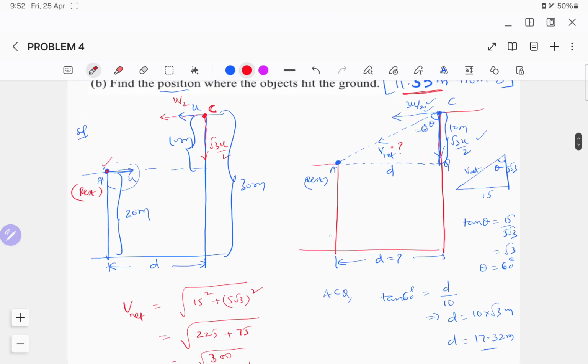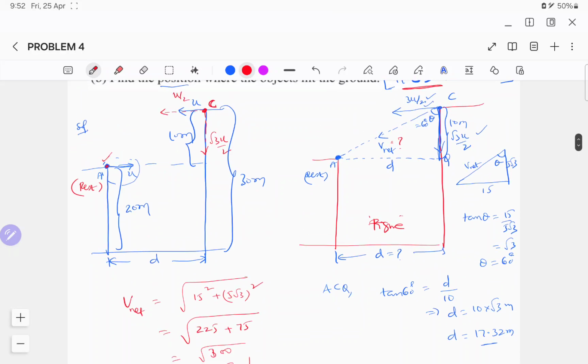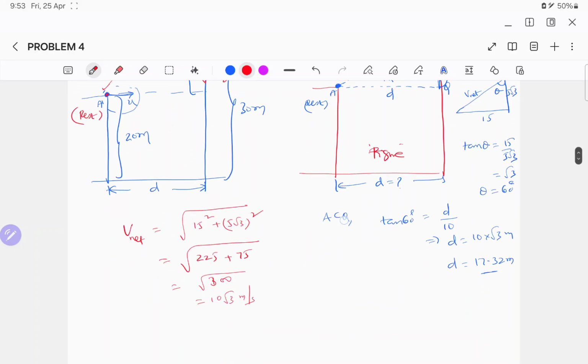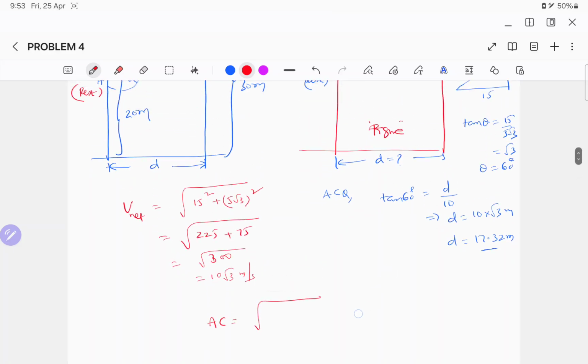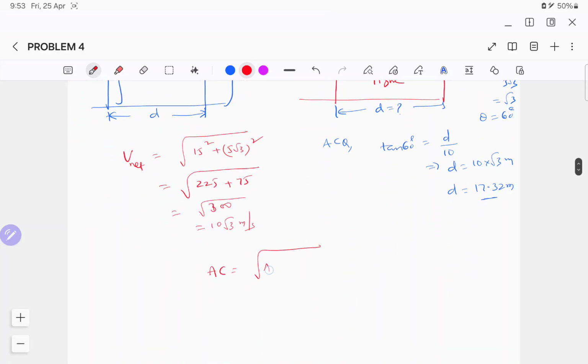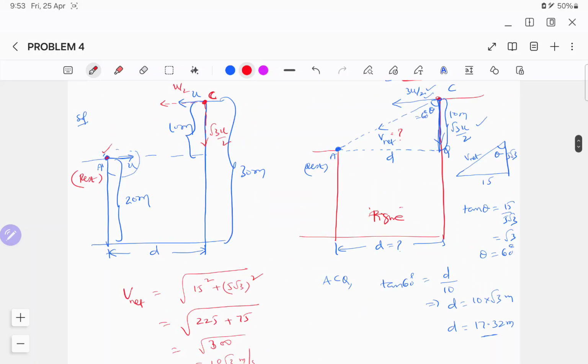See in this figure, you can observe that with this net velocity 10 root 3, to collide with A, this particle has to travel this AC line length, right? So what is the value of AC line length? AC is equal to the root of AQ square plus CQ square.